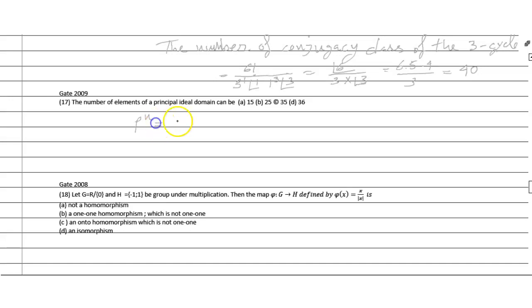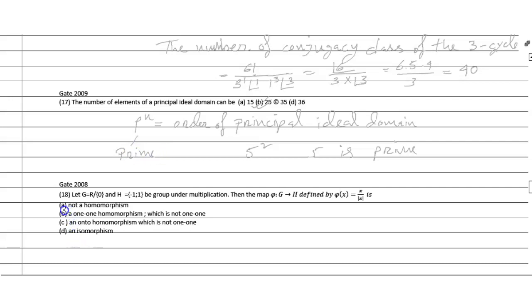Here only 25 is possible, because 25 is equal to 5 squared where 5 is prime, and here p is prime.